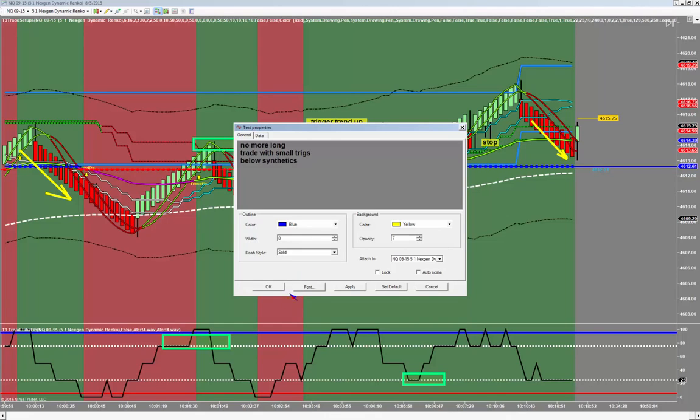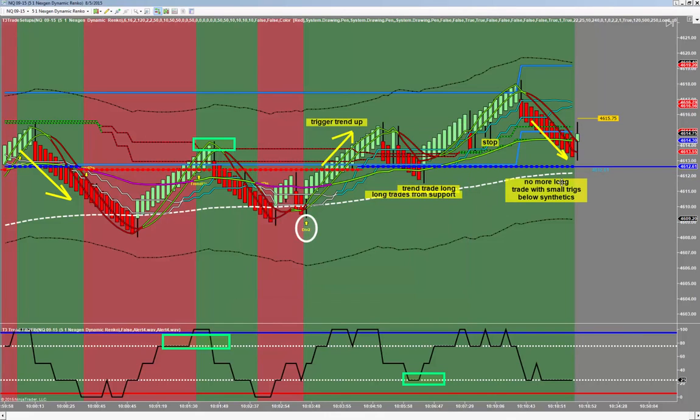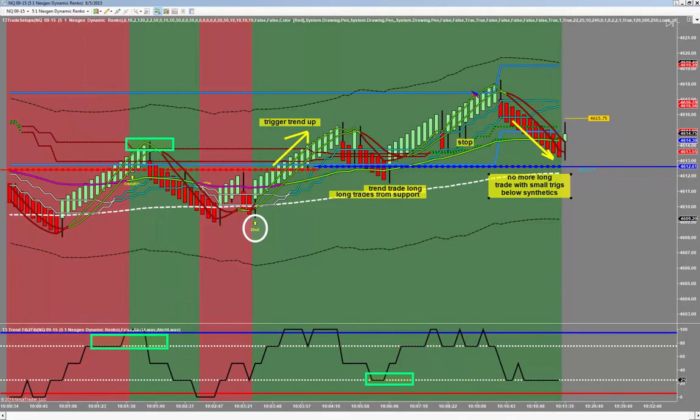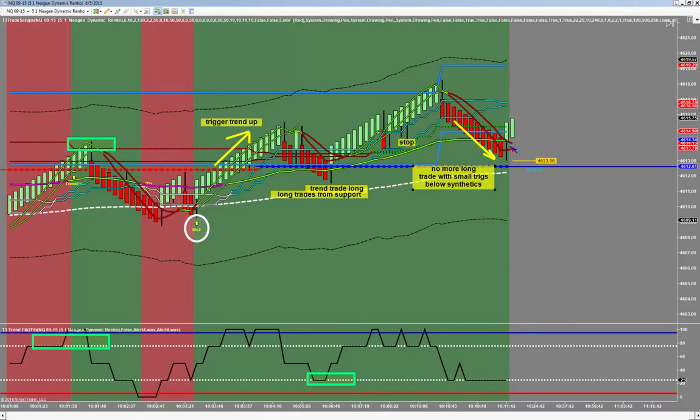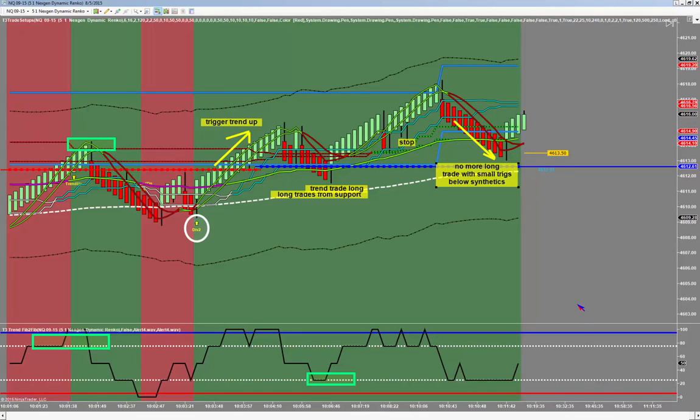And it doesn't mean it can't go up, right? But for our conservative rules on what we're doing with one chart, I want you to recognize that the small triggers have violated the synthetic triggers. That means no more long trades. Now, you can't do short trades because there's no resistance.